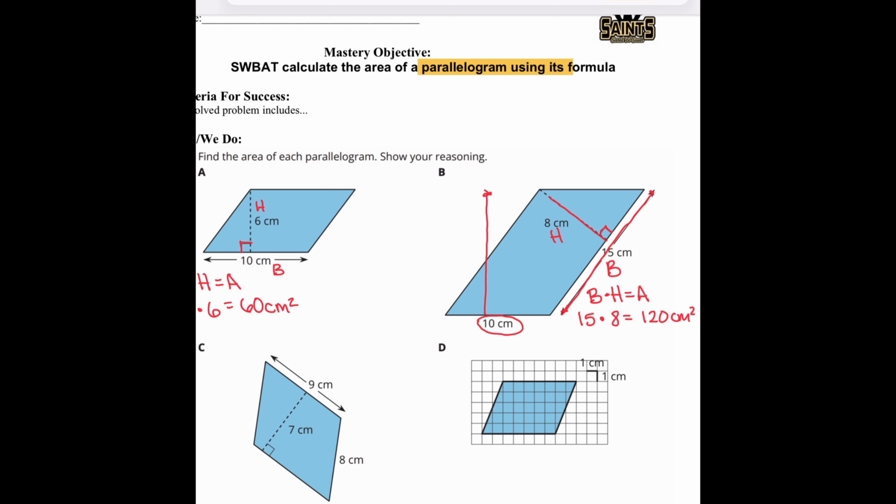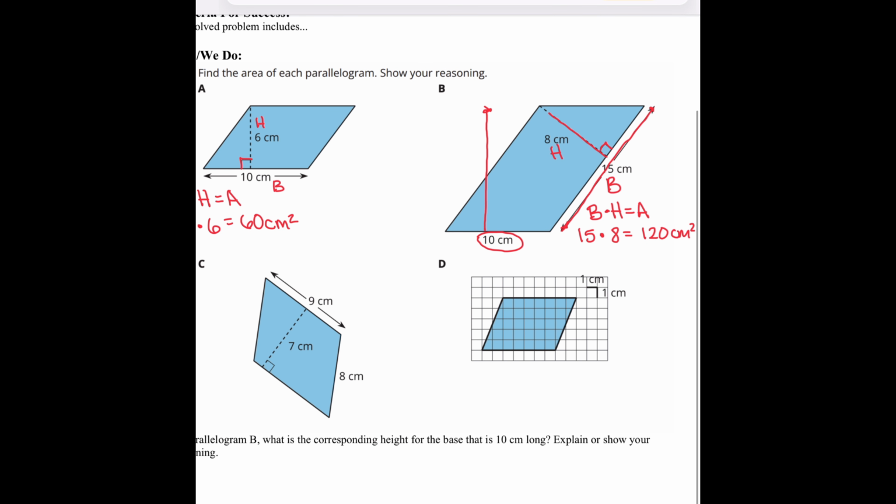Okay, so you are seeing how this goes. This one is a little bit messy because it doesn't have the sides labeled. You have to count them out, but it's not that messy. Just do your little hops. 1, 2, 3, 4, 5, 6, 7. There's our base. And then our height is going to be here to here, right? Or you can measure it here to here. 1, 2, 3, 4, 5.